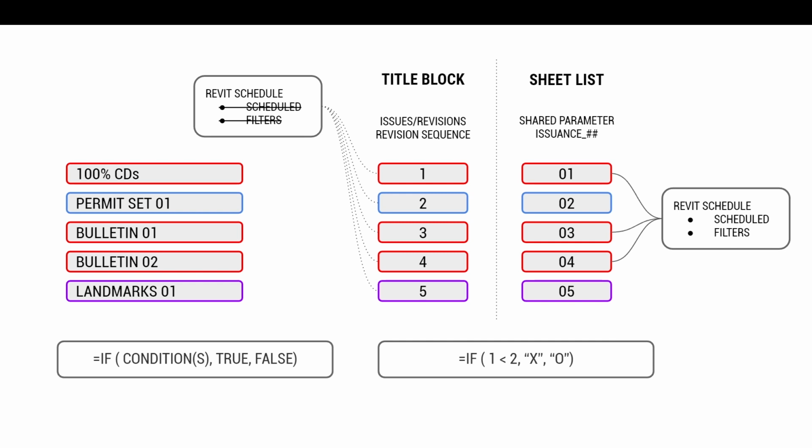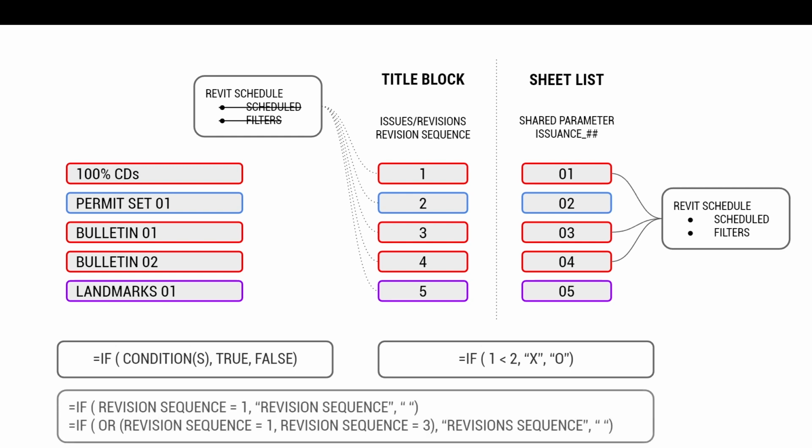But what we're going to be doing is we're going to be using a little trick where you can actually have the condition as part of your return. So what I mean by that is we can write if revision sequence equals 1, return the revision sequence. If not, empty value.